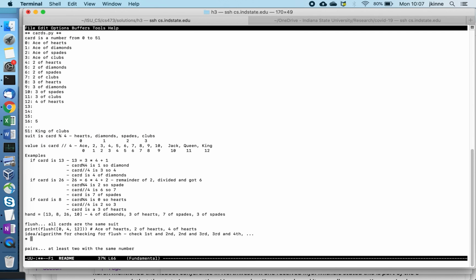So for this example, I'm going to check the suit of the 0 and the suit of the 4. So what is the suit of the 0? That's a heart, and this is a heart. So I would say same. Then I'm going to check the suit of the 4 and the suit of the 12. That's a heart. That's a heart. They're the same.